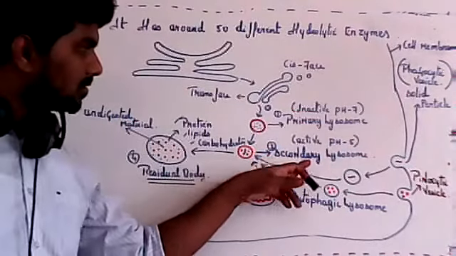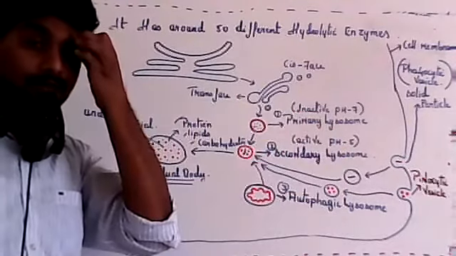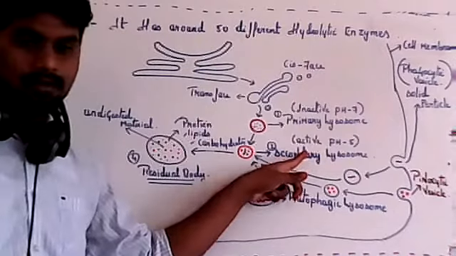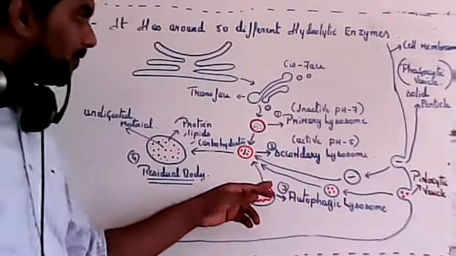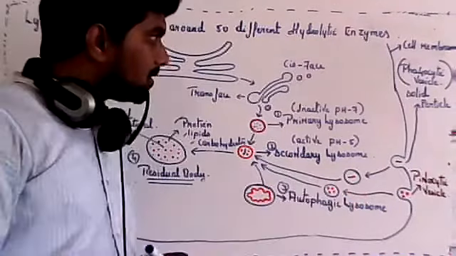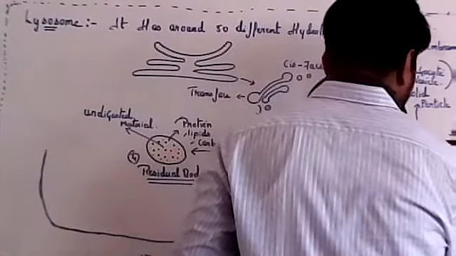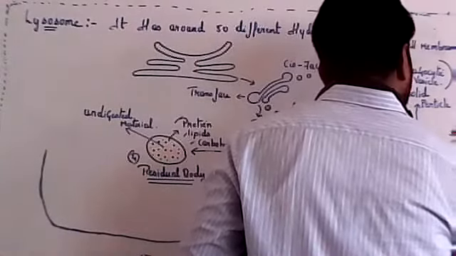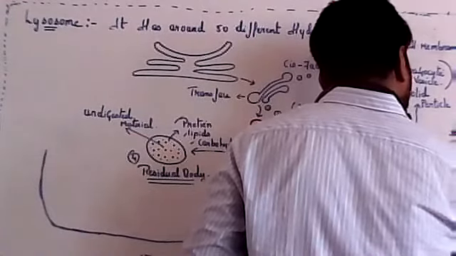Everything will join the secondary lysosome, which is active where the pH is around 5. So this will degrade all the material present in the phagocytic or pinocytic vesicle. This can be considered a viral particle. Solid particles include viral particles as well.